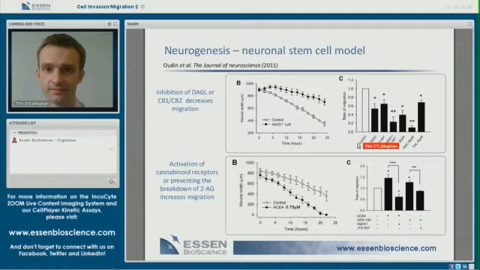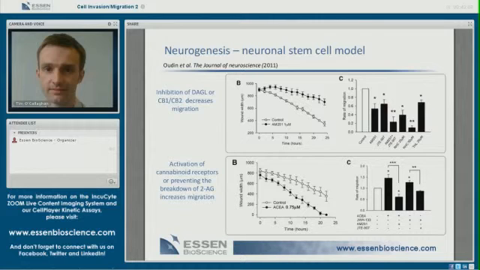In addition, the cannabinoid receptor 2 antagonist JTE907 also inhibited neuronal stem cell migration, and co-application of these two antagonists further inhibited migration.